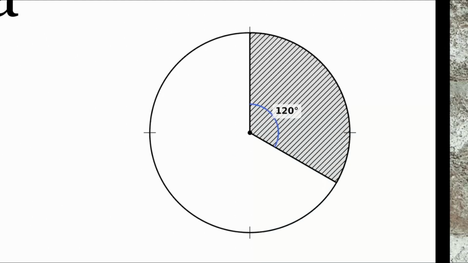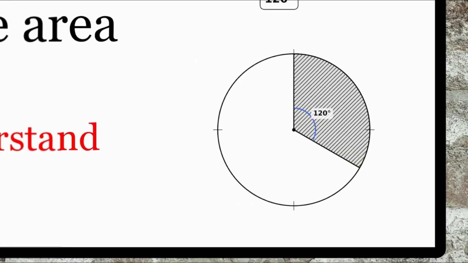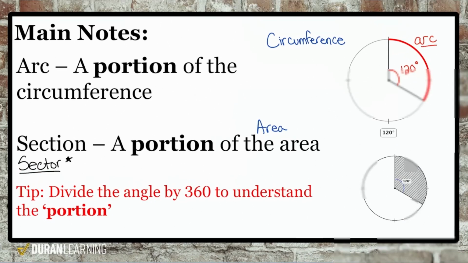Who remembers? Yeah, 360 degrees. If we go all the way around and make about face twice, that is 360 degrees. So my proposition here is, if you're not comfortable with fractions, this is a really good excuse to be comfortable with fractions.